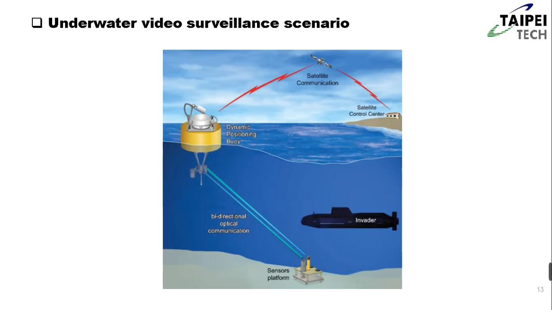This figure shows a dynamic positioning debris capable of communicating with satellite and via bi-directional UWC with an optical surveillance station positioned on the seabed.